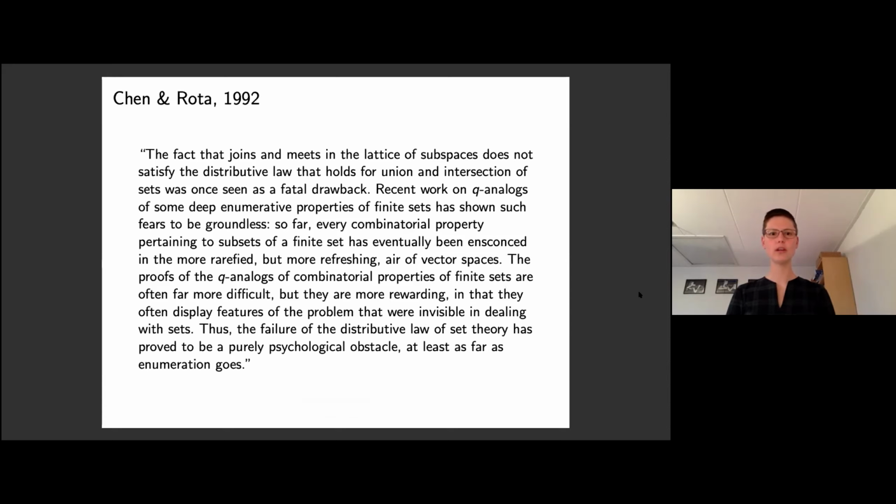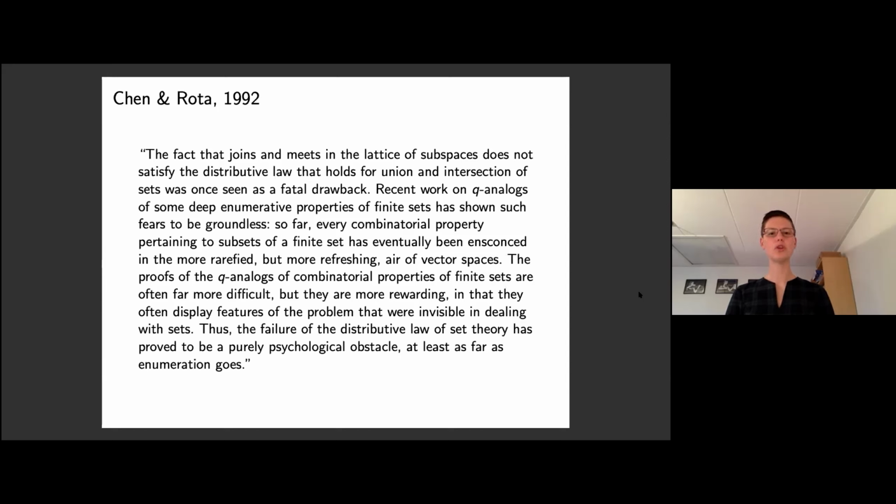Recent work on q-analogues of some deep enumerative properties of finite sets has shown such fear to be groundless. So far, every combinatorial property pertaining to subsets of finite sets has eventually been absconded in the more rarefied but more refreshing air of vector spaces.